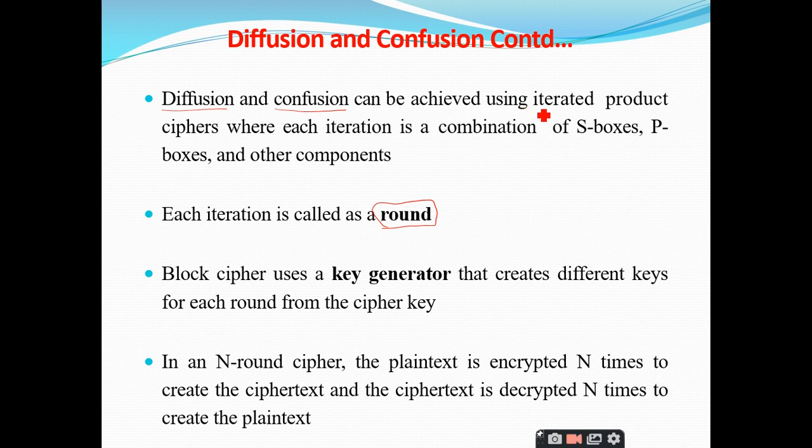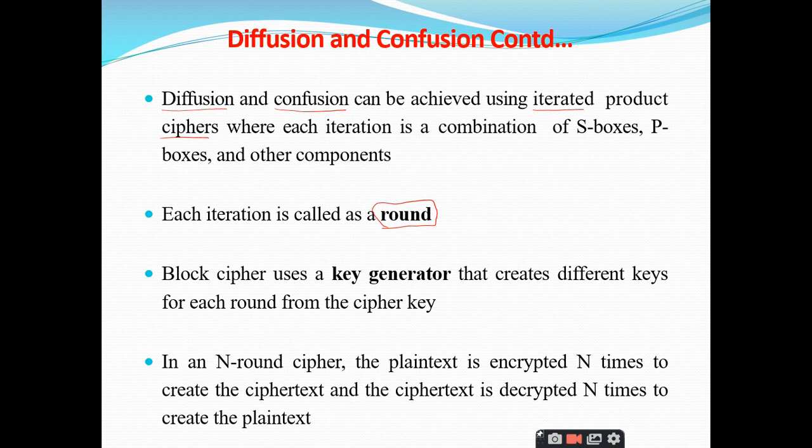we need to have these iterated product ciphers. We know what a product cipher is: a combination of P box, S box and other components. So to have the highest degree of confusion and diffusion, you should have more of these product ciphers.